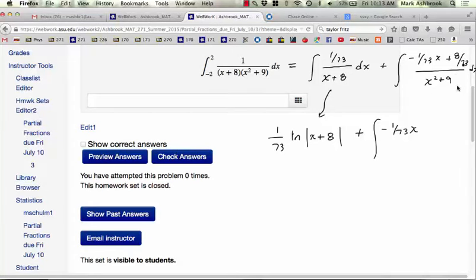Okay, but there's something before that. Yeah, we got to split this up. Okay, so what you recognize is that we're going to have this first negative 1/73rd x over x squared plus 9, and then just the constant over x squared plus 9. Okay, and then we're going to deal with those separately. So we've seen that before. Be on the lookout for splitting up a fraction.